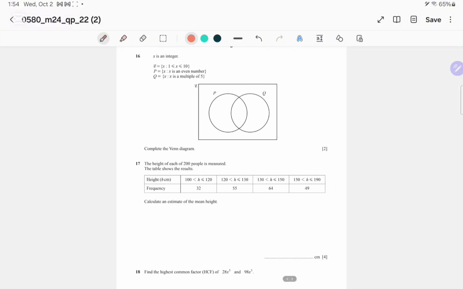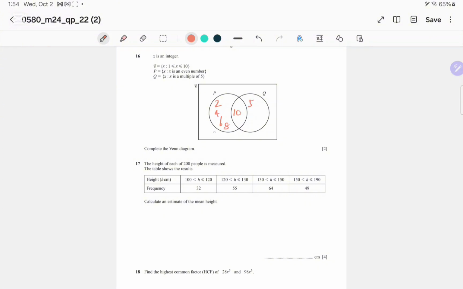16th question. x is an integer with a number from 1 to 10 wholly. P is an even number and q is a multiple of 5. So P is an even number from 1 to 10: 2, 4, 6, 8 are even numbers. Multiples of 5 are 5 and 10, but 10 is in the common part.